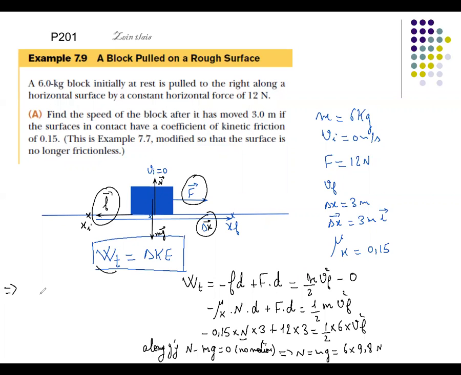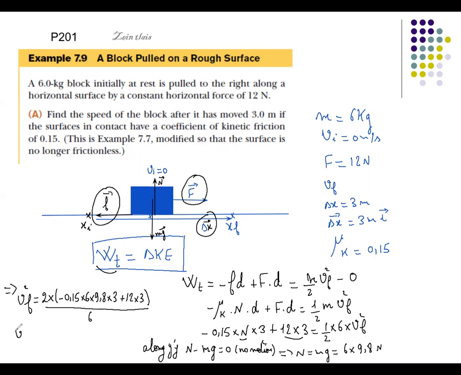We get v final squared equals 2 times minus 0.15 times 6 times 9.8 times d, plus 12 times 3, over 6.